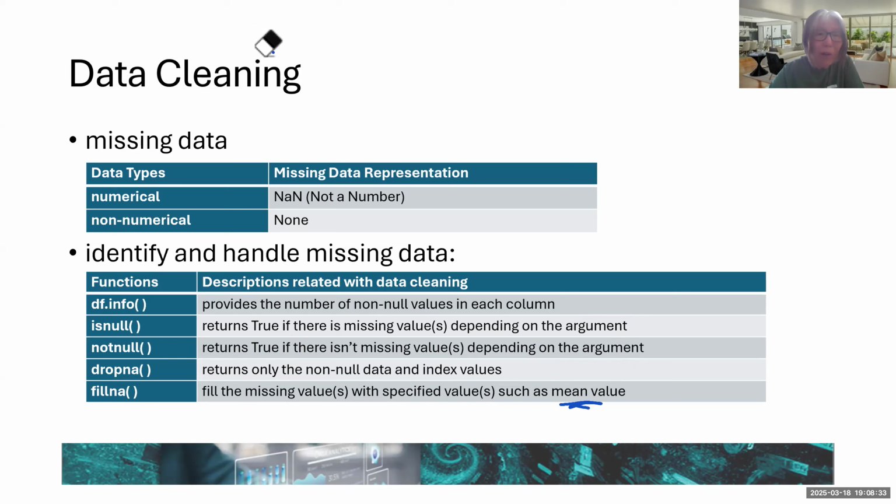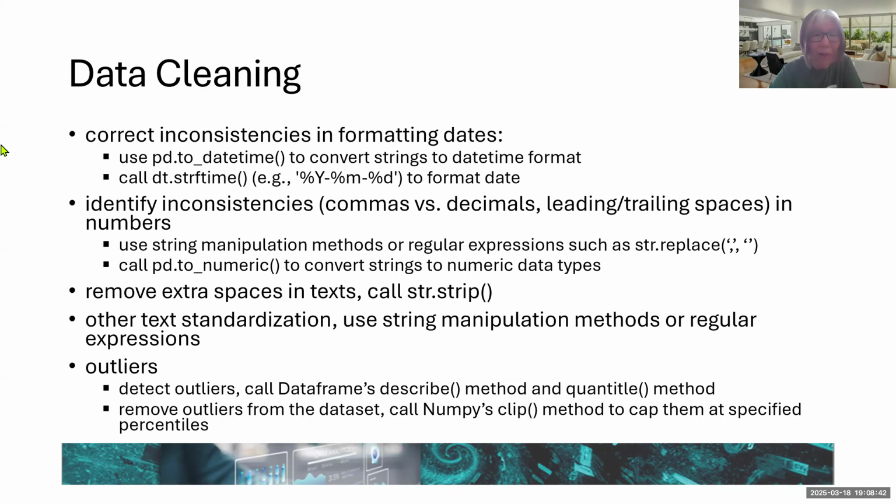So those are some general functions that can be used to identify and handle missing data. And there are some other functions related to data cleaning, like correcting inconsistency in formatting dates.